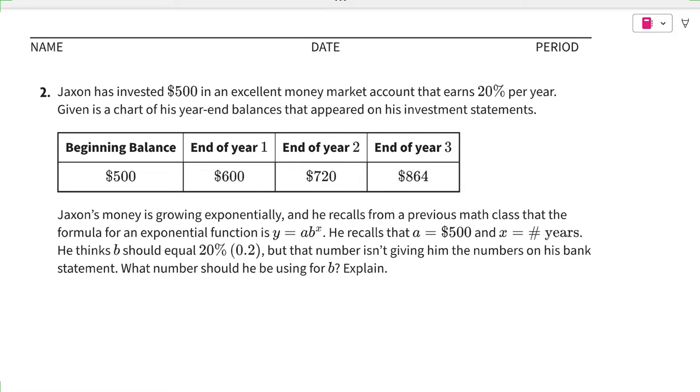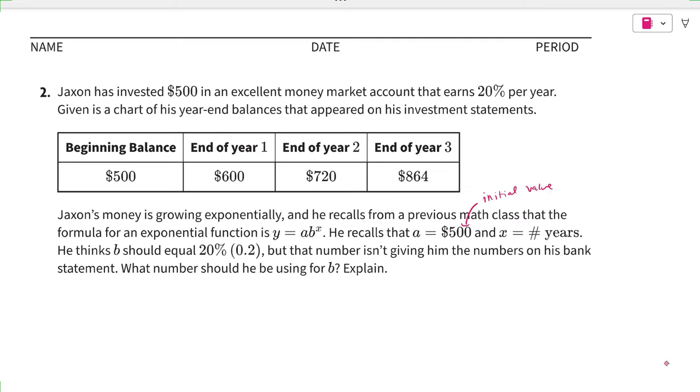He recalls that a is 500, right? That's that initial value or beginning balance. And x is the number of years. He thinks b should equal 20% or 0.2, but that number isn't giving him the numbers on his bank statement. What number should he be using for b?